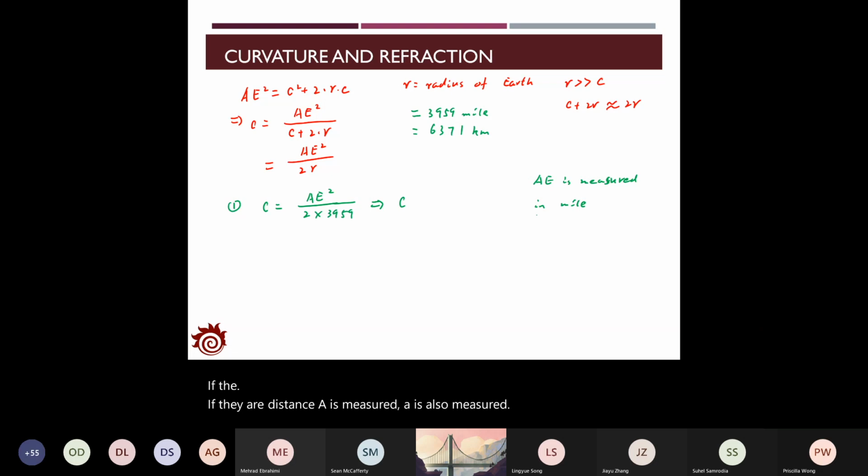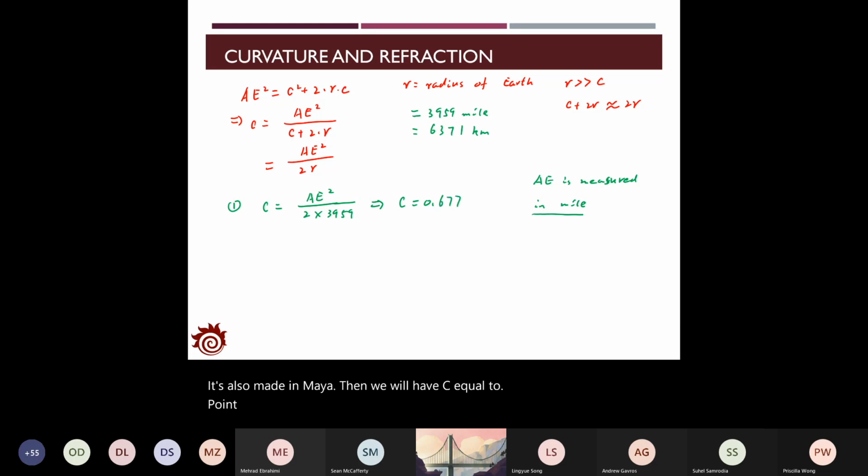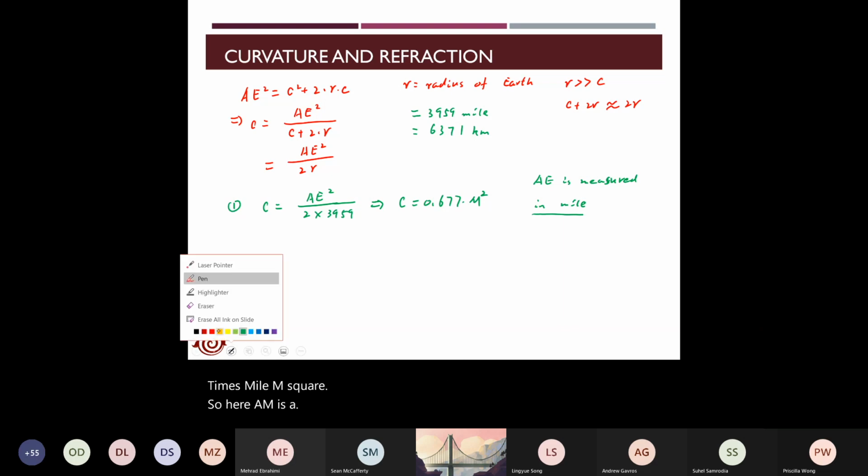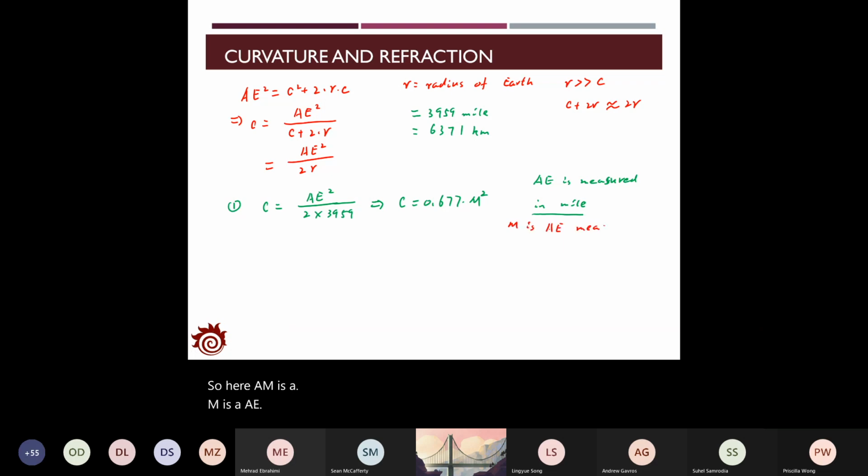It's also measured in miles. Then we will have C equal to 0.677 times M squared, where M is AE measured in miles.